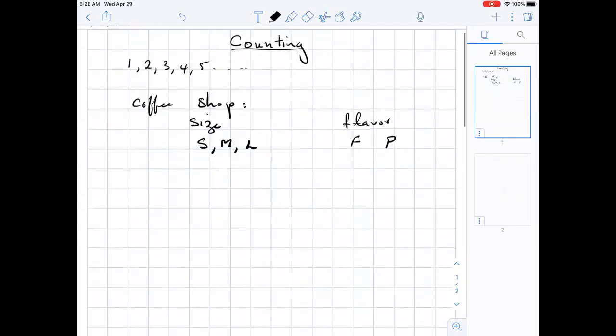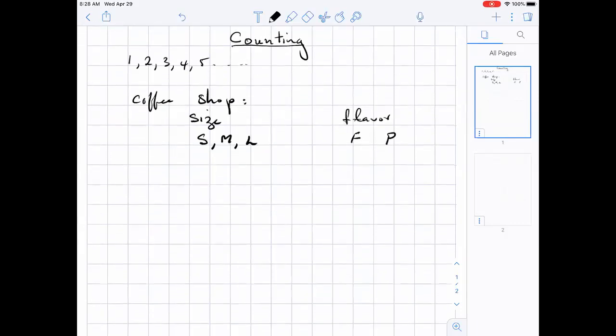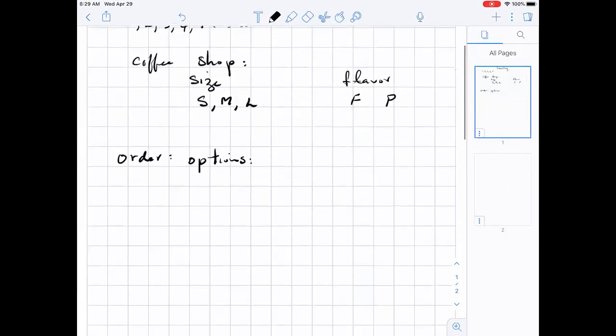So in this scenario, if you want to order, what are your options? Well, you could have a small French vanilla or a small pumpkin flavor. Or you can have a medium French vanilla and a medium pumpkin flavor.